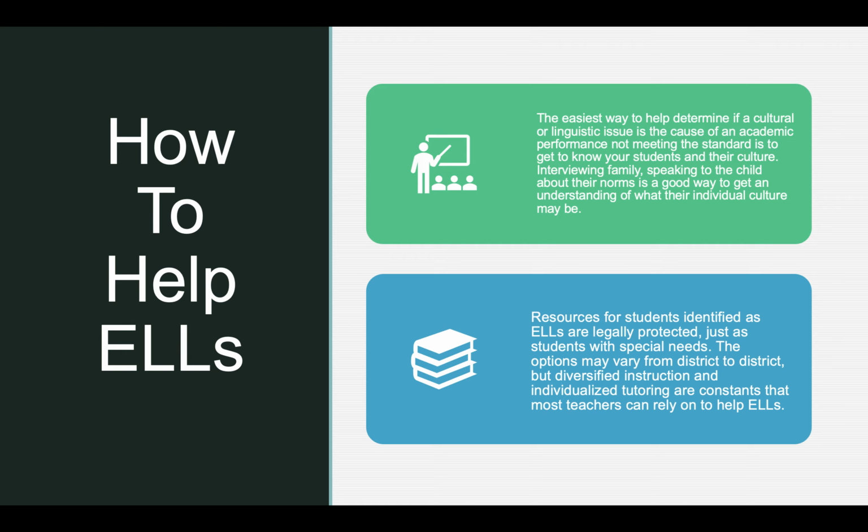It varies from district to district, but in terms of being a teacher and learning how to help students, diversifying instruction based on language ability and individualized tutoring are almost always constants that most teachers can rely on to help English language learners. While you yourself might not be able to provide that tutoring, most districts offer pull-out classes for students, which may or may not be effective, or a bilingual education program specifically geared for that student.